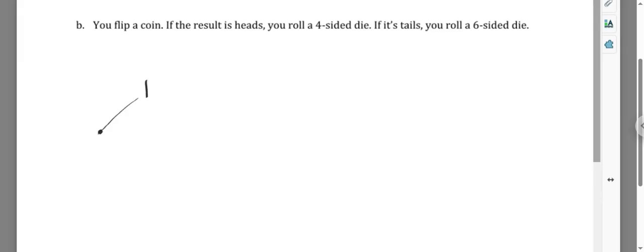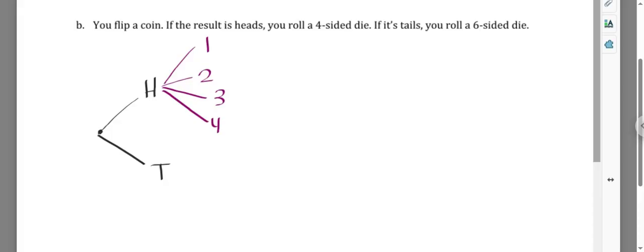So we can get heads or tails, but from there, we're going to roll a die. Depending on if it was heads, 4 sides.